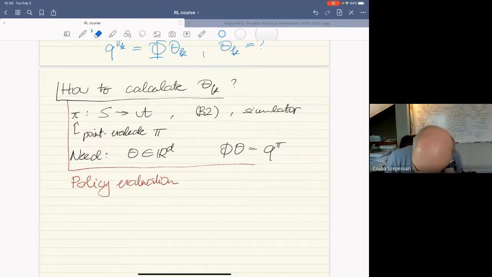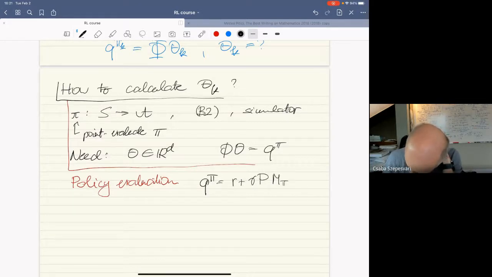I think that that is a remarkable idea. So how does this work? So Q of pi is the fixed point of this system of equations, right? It's the unique fixed point.